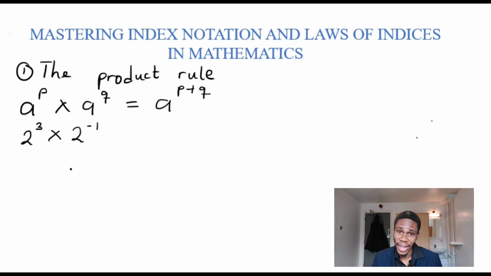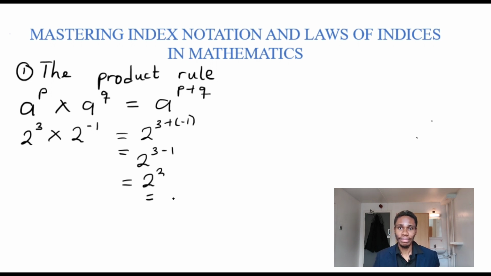We are only adding the exponent just because they are multiplying. So we have 2 exponent 3 plus minus 1, and positive negative is negative. So we have 2 exponent 3 minus 1, and we have 2 exponent 2. And that's our final answer.